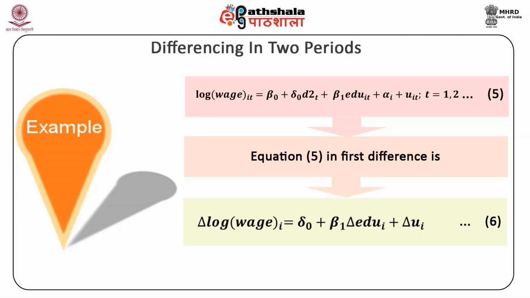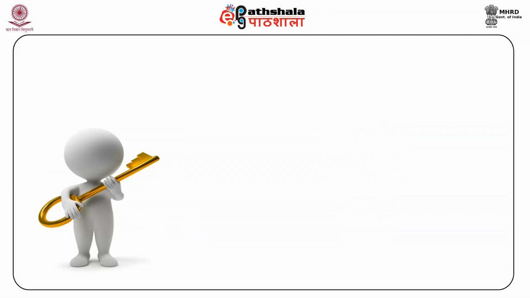The problem is that we are interested in working adults, and for most employed individuals, education does not change over time. If our sample has only a small fraction of delta edu_i different from 0, then it will be difficult to get a precise estimator of beta 1 from equation 6 unless we have a rather large sample size.